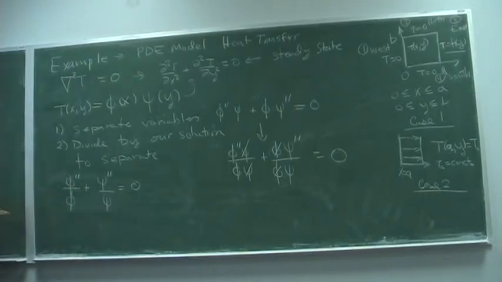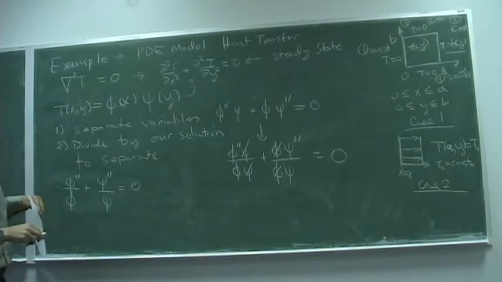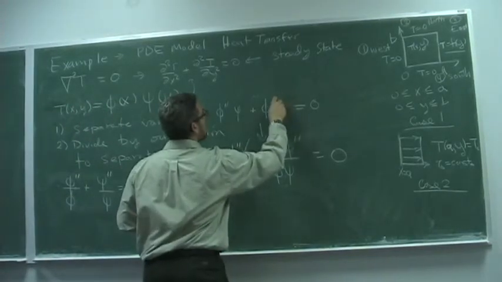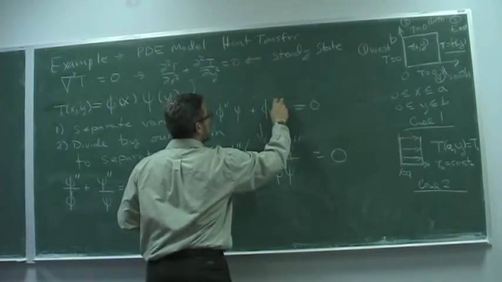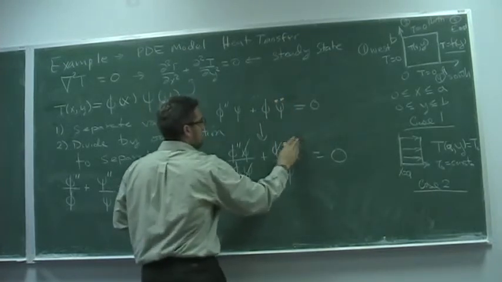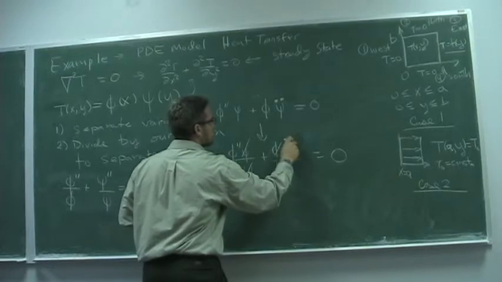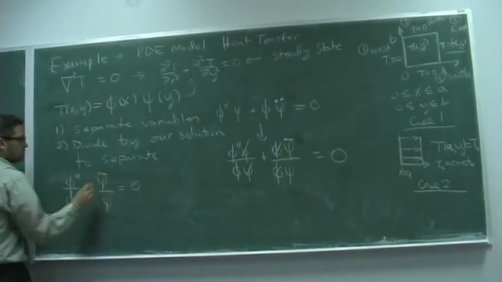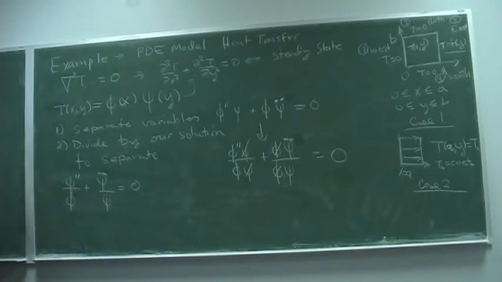I'm sorry, I did make a mistake here in nomenclature. I want to rewrite this. This should be dots, because this is a derivative with respect to time. So let me be consistent here. Dots are with respect to time, primes are with respect to x. Please correct that in your notes.